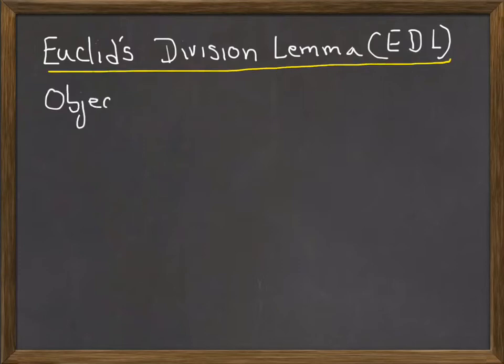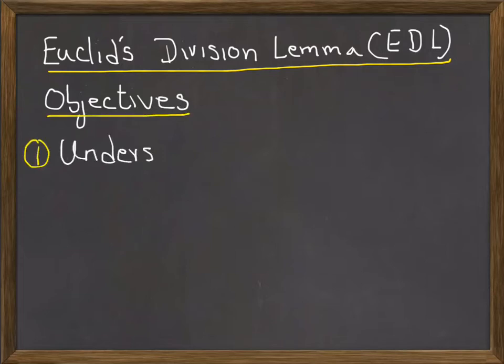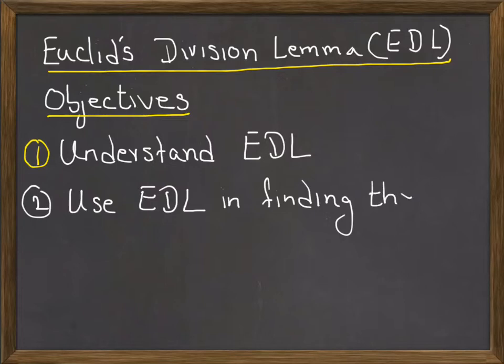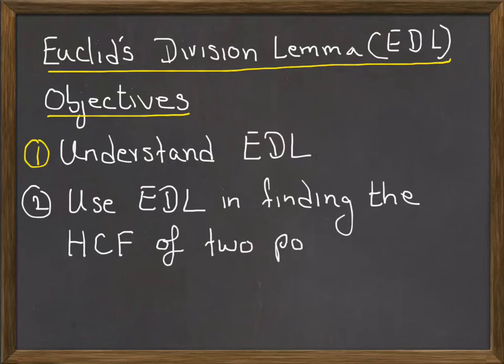The objectives of this lesson are: we will understand what is Euclid's division lemma, and we will use Euclid's division lemma, EDL, in finding the HCF, highest common factor, of two positive integers.